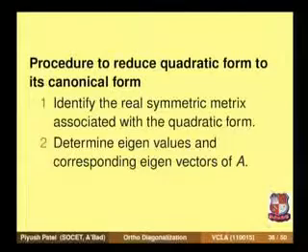Whenever we are given a quadratic form, we first of all identify the real symmetric matrix associated with the quadratic form, as we have seen. Then we orthogonally diagonalize the given real symmetric matrix via orthogonal transformations.